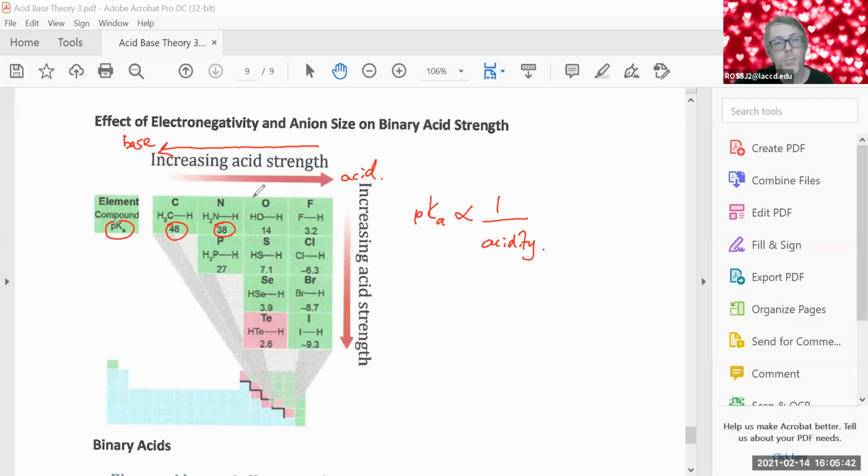We're looking at polarity here. So essentially, we're looking at bond polarity within a period. And we're looking at bond length within a group.